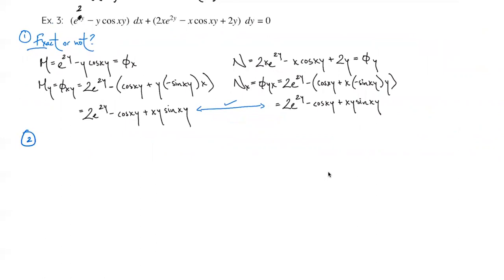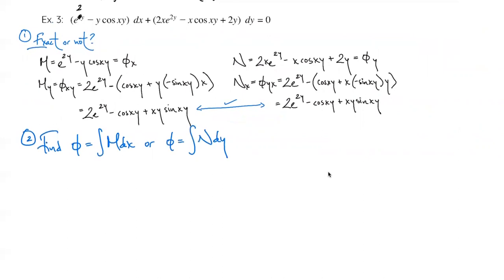All right, now we're going to find phi using either the integral of M dx or phi equals the integral of N dy. In this case, I'm going to choose the first one. Again, you're welcome to try it with the second one.